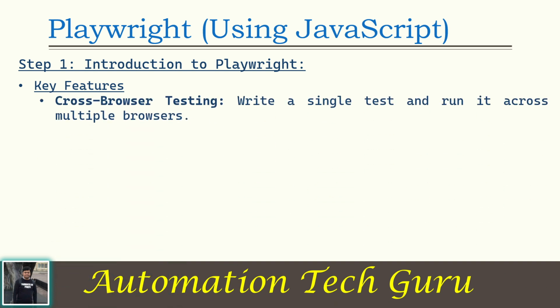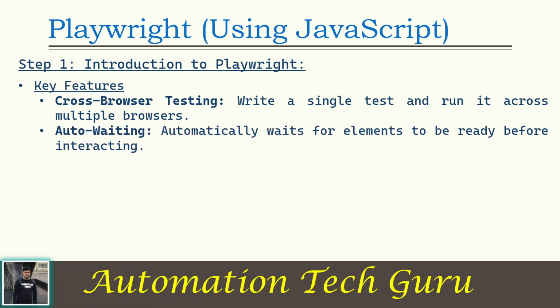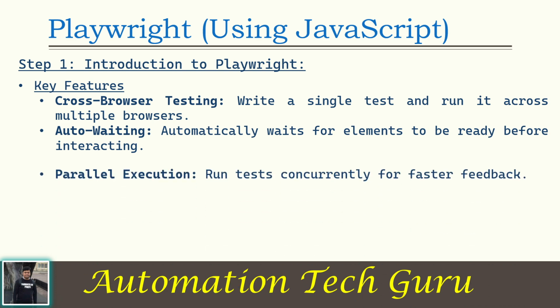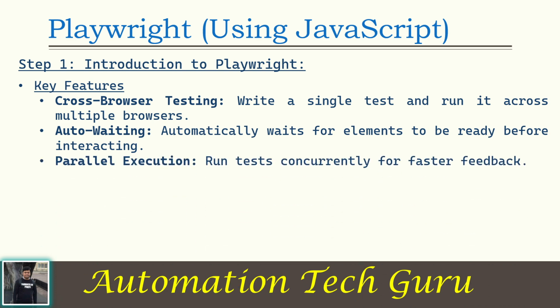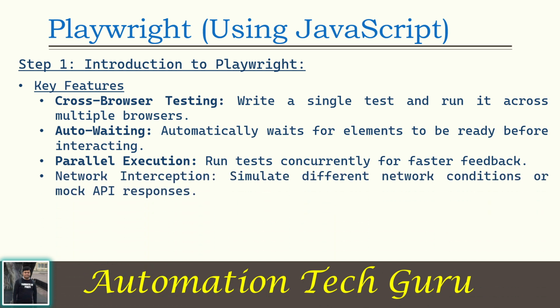Key features. Cross-browser testing: you can write a single test case and run it across multiple browsers. Auto-waiting: you don't need to write any explicit waits, and it automatically waits for the element to be ready before interacting. Parallel execution: run tests concurrently for faster feedback.